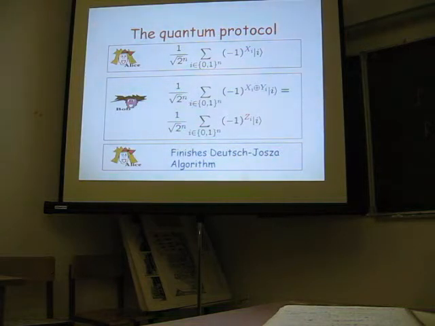And then Bob, he doesn't know what xi is, but he knows what yi is. And he can actually transform this state, and he can add to the basis state i a phase of minus 1 to the yi. Again, this is something that Bob can do to the state he has in his hands.